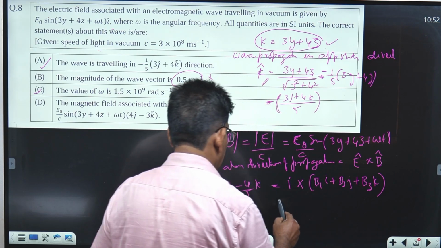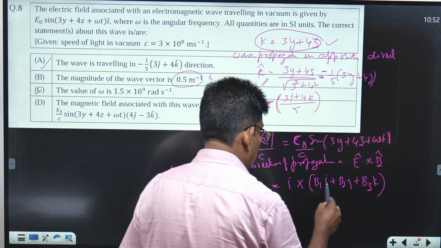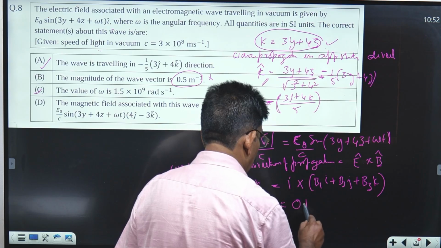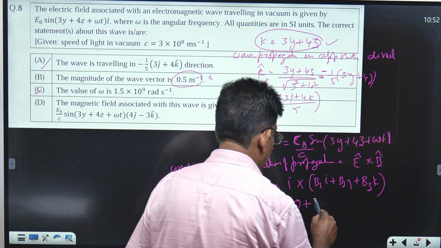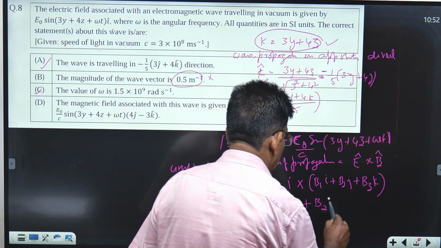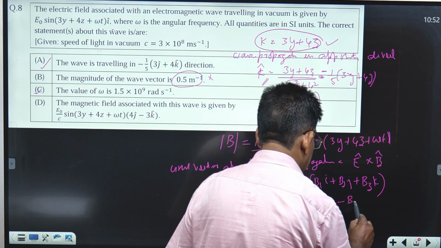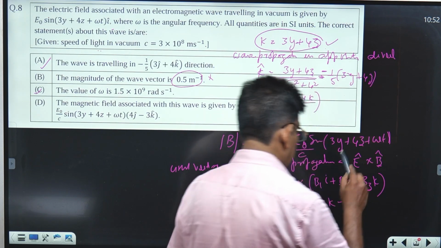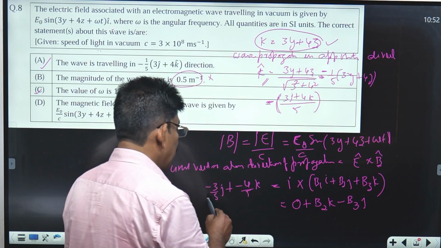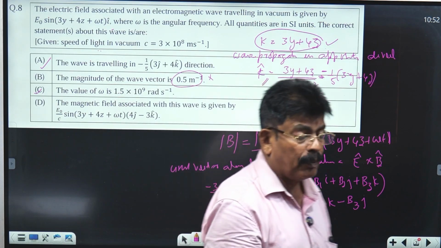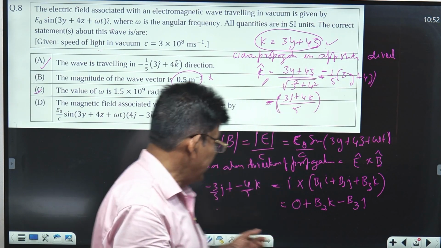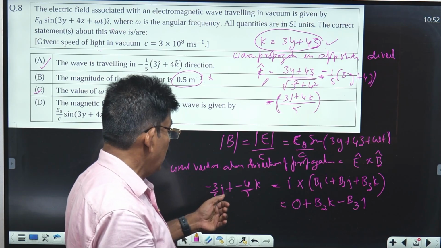Now, taking the cross product, we get i cross i, that is 0. The first term is 0. The second term is what? i cross j, that is b2k. For the third term, i cross k is minus b3j. So on the left hand side, we have the direction of propagation of the wave, minus 3 by 5j plus minus 4 by 5k.